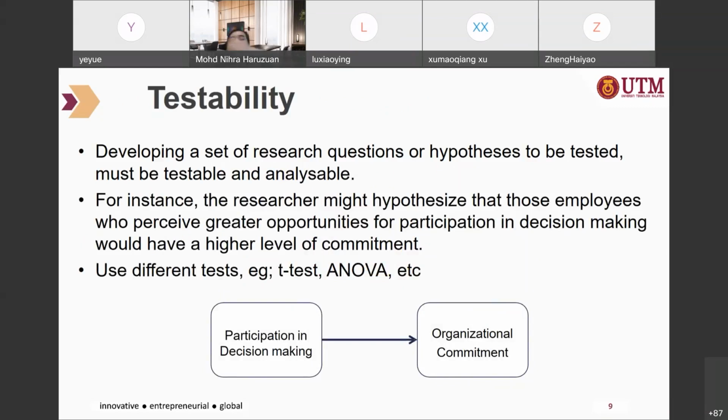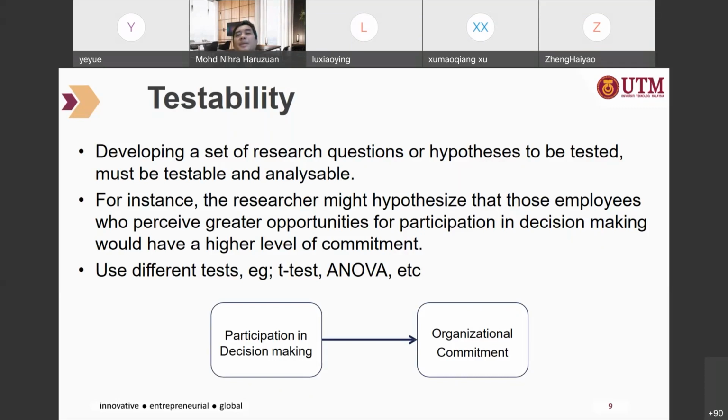For instance, the researcher might hypothesize that employees who perceive greater opportunity for participation in decision making would have a higher level of commitment. In that case they use a t-test or ANOVA. You need to know that this is the inferential testing for the research. So it can be tested.